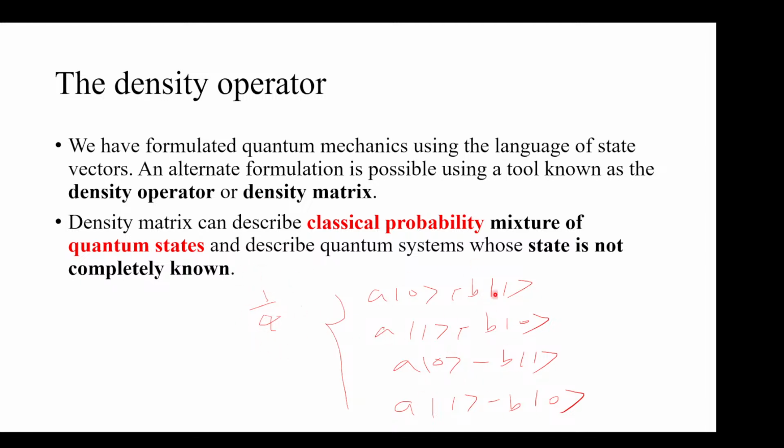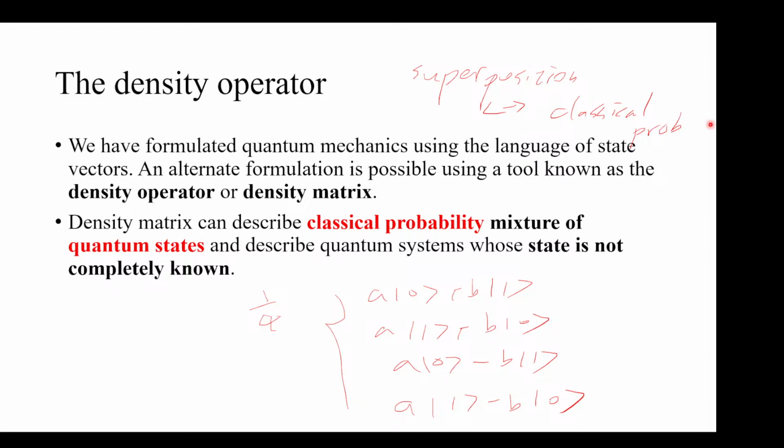We are not doing quantum superposition. So superposition and classical probability are different things.